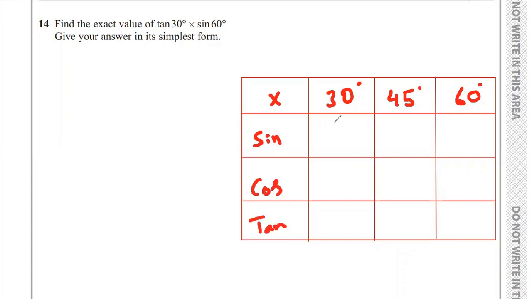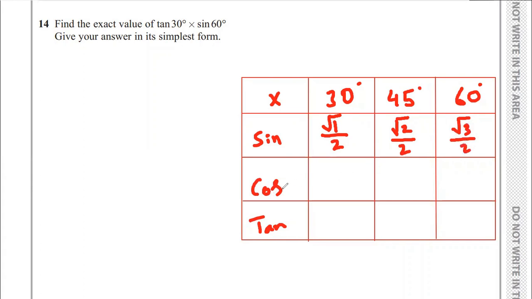This first one will be root 1 over 2, which is of course equal to just a half, but it's better if you write root 1 over 2 because it will help us remember, because for sine 30, sine 45, and sine 60, the top numbers change consistently. So this one will be root 2 over 2, and sine 60 will be root 3 over 2.